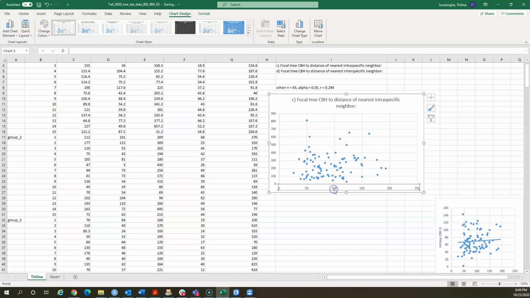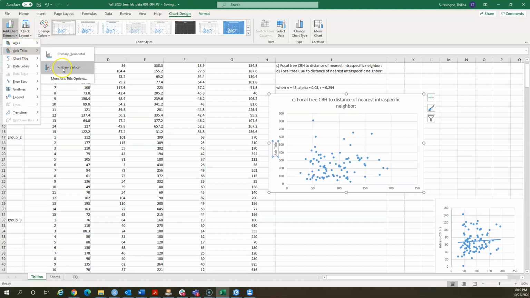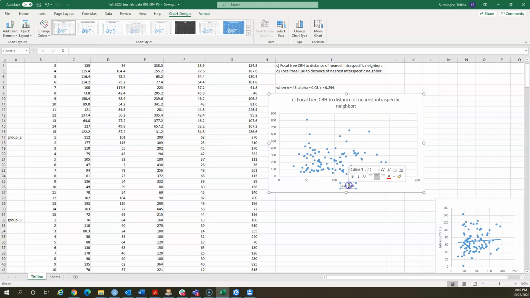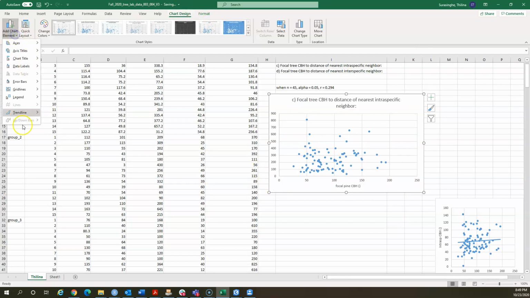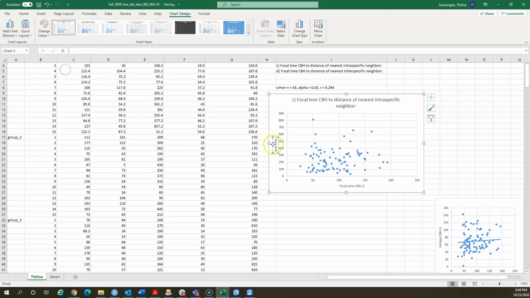Again, format your axes: select the plot, chart design, chart elements, axis titles. First, primary vertical, primary horizontal, that is always going to be focal pine CBH. Mention the units. Again, select the plot, chart design, chart elements, axis titles, vertical.